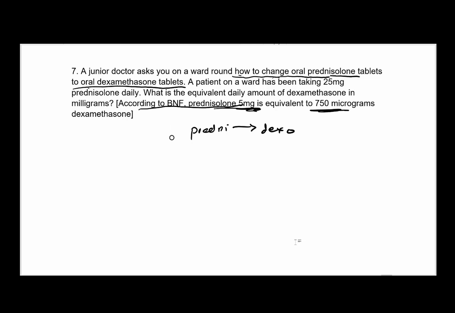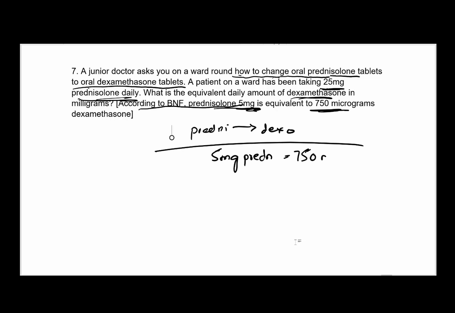Now let's see what the patient is taking. The patient has been taking 25 milligram prednisolone tablets daily. What is the equivalent daily dose of dexamethasone? So we just need to convert. We know 5 milligram of prednisolone is equal to 750 mcg of dexa, right?